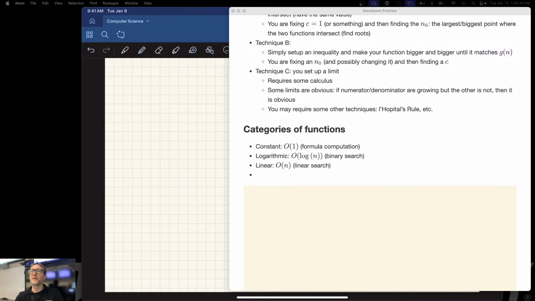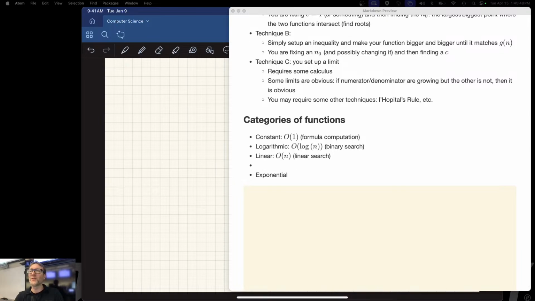Now going above linear, what else do we have? What's next? You could go exponential. But there's plenty of stuff in between that. Quadratic would be order n squared. And we've seen that before with, say, insertion sort, selection sort. And, of course, what started us all out.